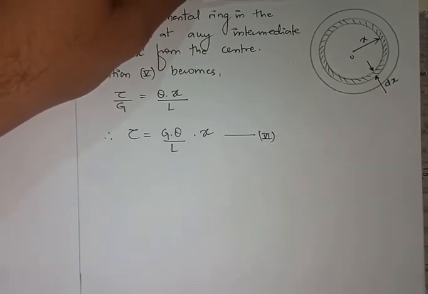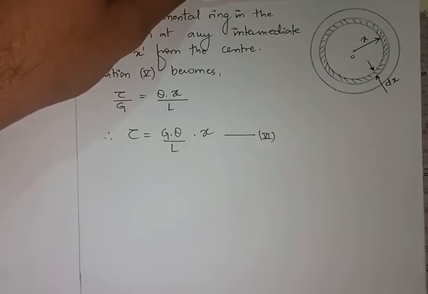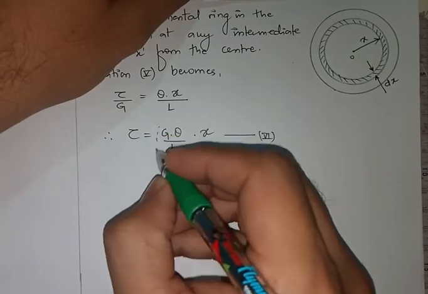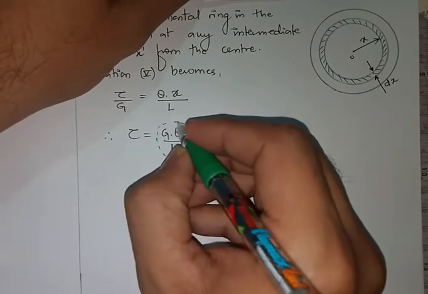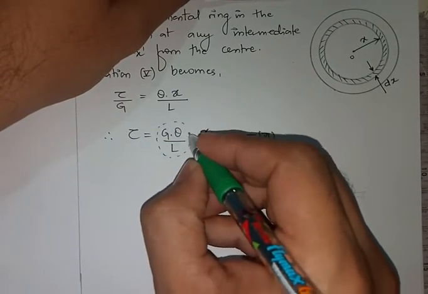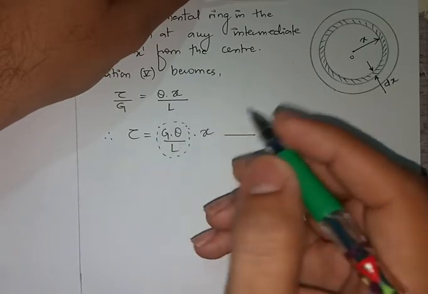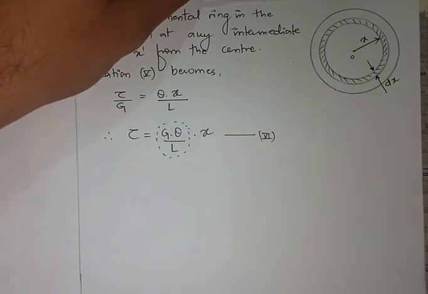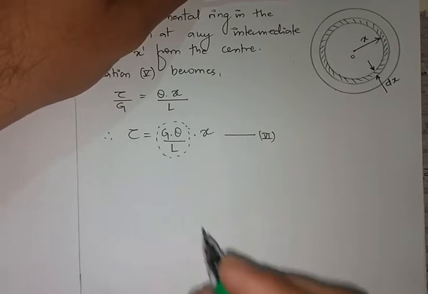One thing to be noted is the term G theta by L. Theta will be constant for a particular torque, L is constant because it is length, and G is shear modulus, which is also constant.